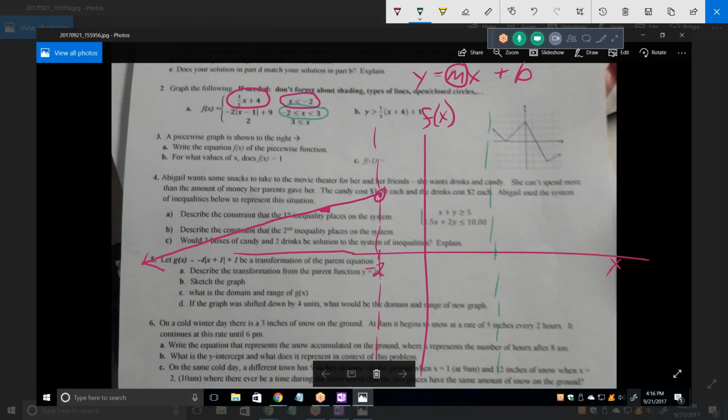You don't necessarily have to put the line in there. But the next function is this area here. That's the way you need to think about these piecewise functions. So whenever I'm greater than or equal to -2 or less than 3 on the x-axis, I've got this middle function.